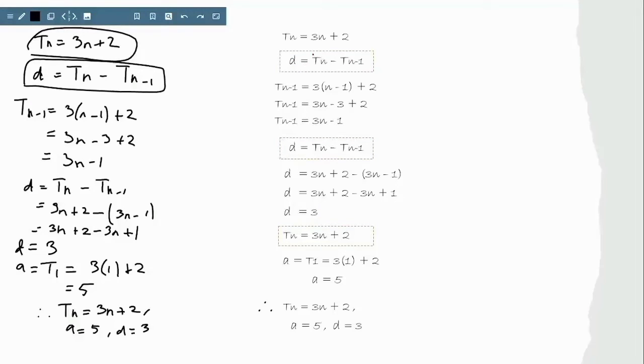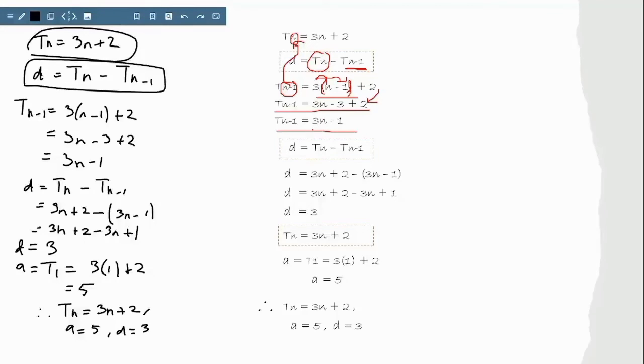How to get the value of d? We have to subtract Tn minus 1 from Tn. We already have Tn, so we have to find Tn minus 1. To find Tn minus 1, we have to substitute n minus 1 into here. So put the bracket, put n minus 1 here. By solving this, 3 multiplied with n, 3 multiplied with negative 1, we get 3n minus 3 plus 2.